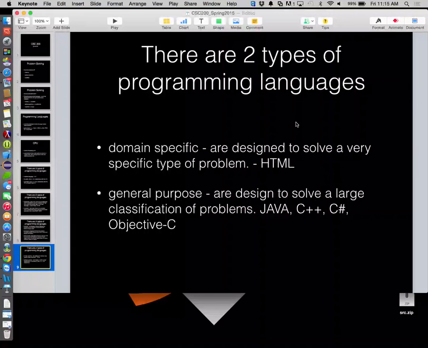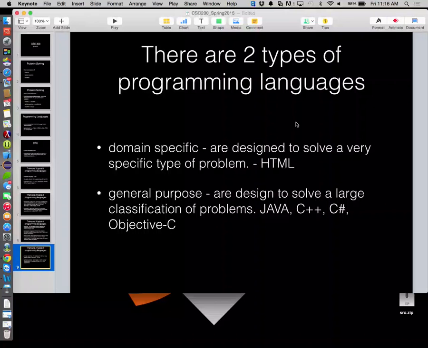Now, I've just advertised that it's missing those 3 features that really make it a programming language. Is there something that is often used in conjunction with HTML to provide those additional features? Kind of gives us a reason for the insanity for those of you who have done any web programming.